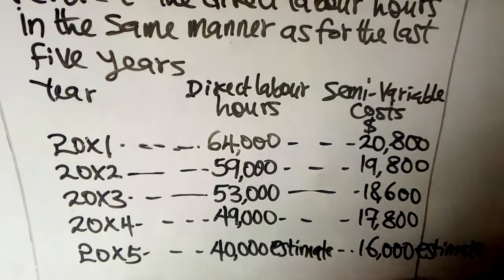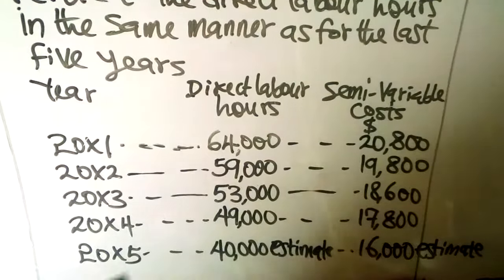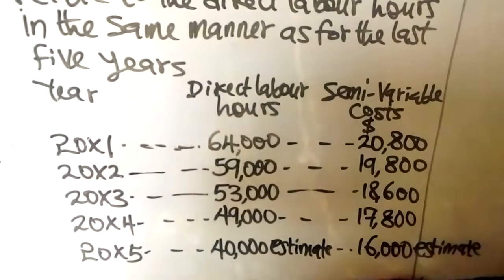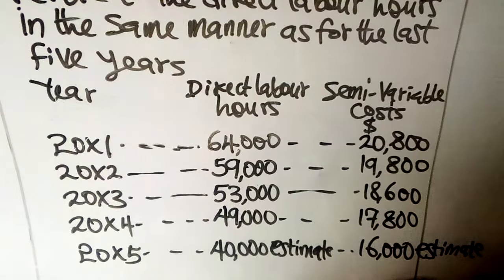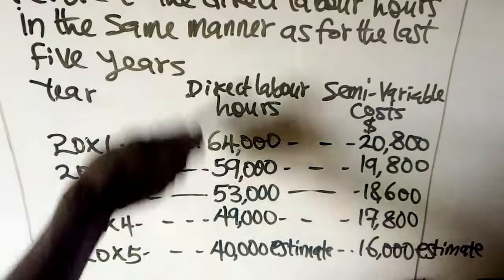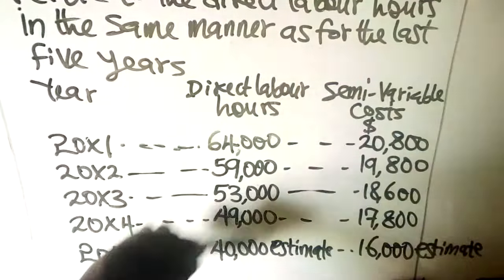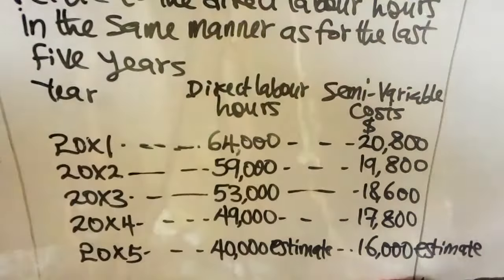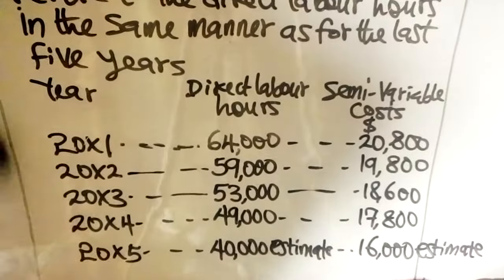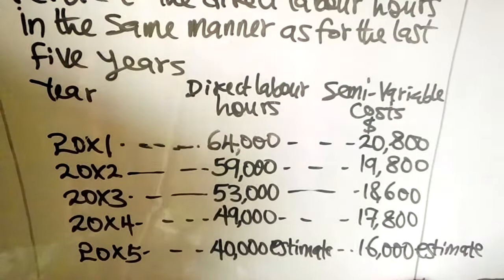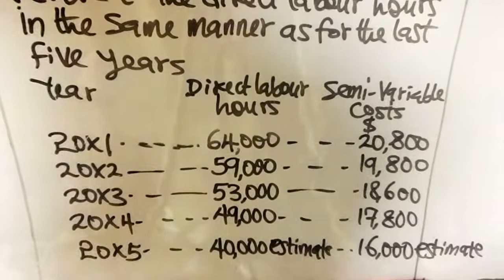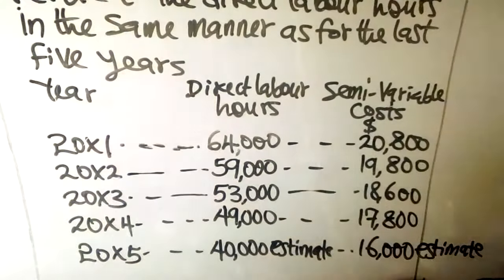I've told you that for our purpose, you are going to use the high and low method to segregate this semi-variable cost into fixed and variable components. For better understanding, I will advise you watch my lecture on cost separation using high and low method.